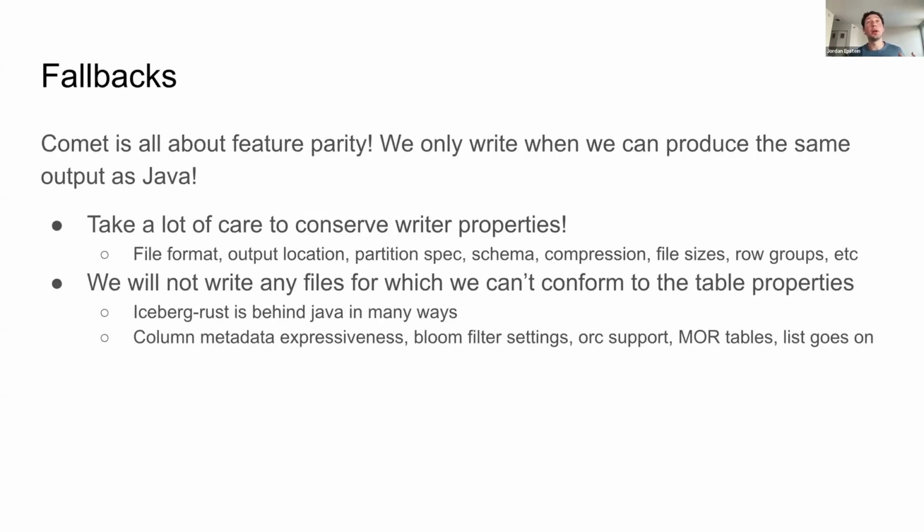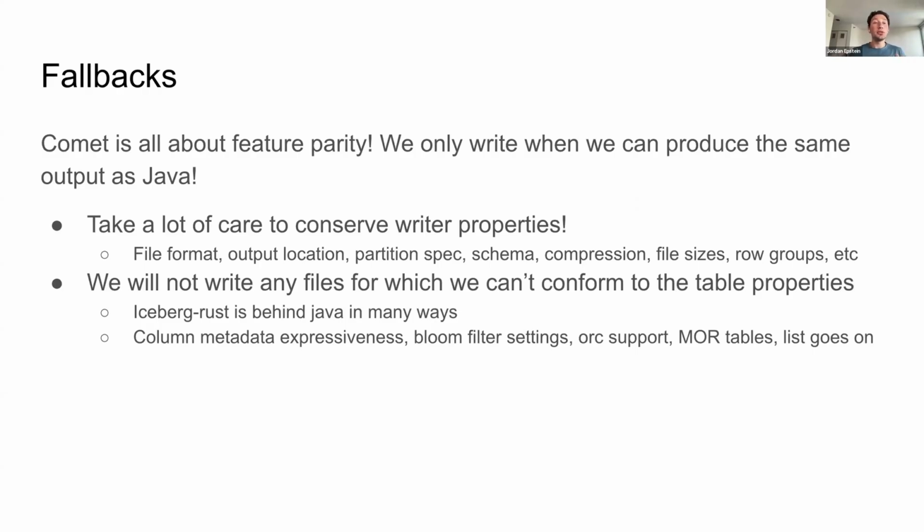So like I mentioned before, it's really important that we produce complete data parity with the existing Spark implementation of writing Iceberg. If there's anything that concerns us about a user's writer settings or table settings, then we want to be able to fall back so that we don't actually corrupt their table or just silently produce different data than they would be expecting.